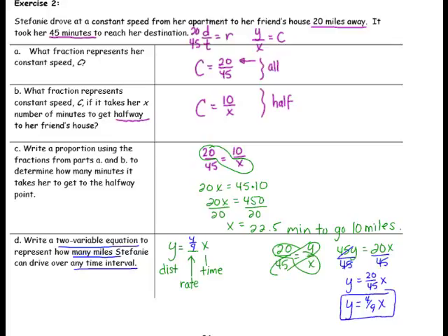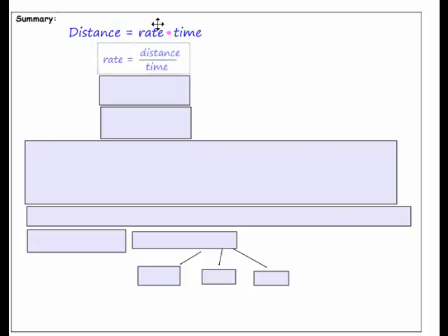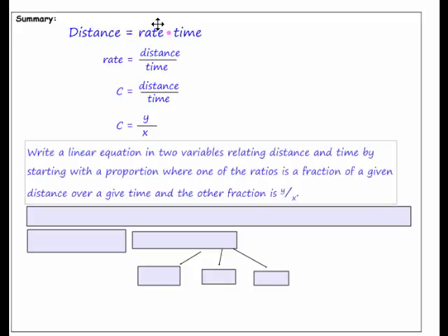Let's continue to the summary. In this lesson, we learned about distance equaling rate times time. We rewrote the equation as rate equals distance over time. We know that c is the constant speed, which is distance over time. C is equal to y over x. The purpose of this lesson was to write a linear equation in two variables relating distance and time.